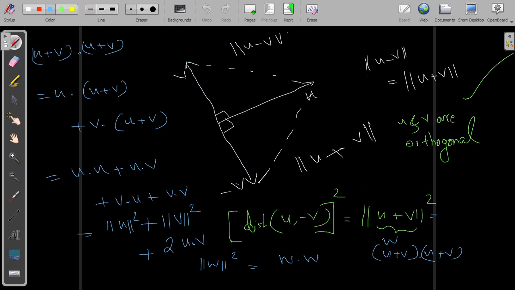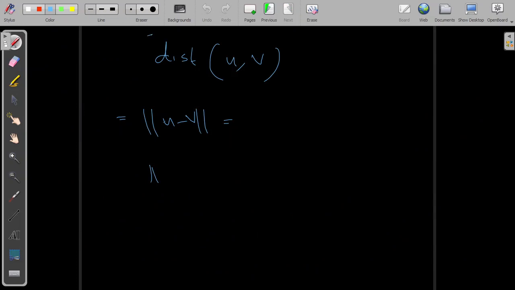So either you prove the distance between u and minus v equals the distance between u and v, or that the squares of those distances are equal. Both methods are right. So we are taking its square here, that means norm u minus v square.